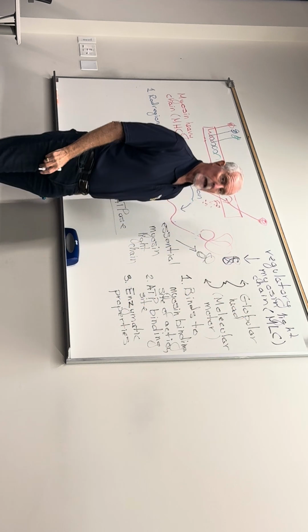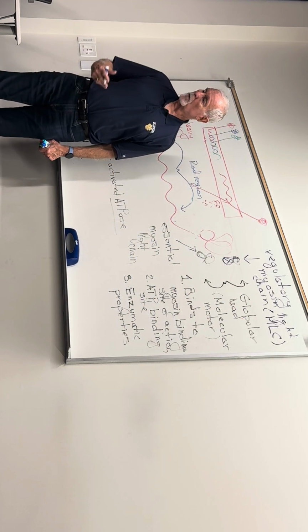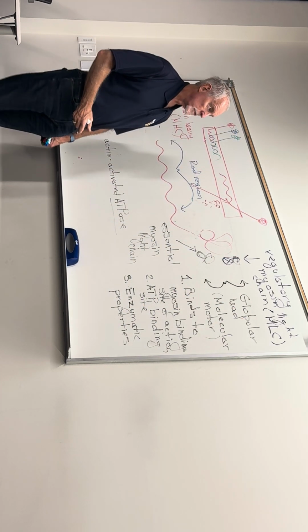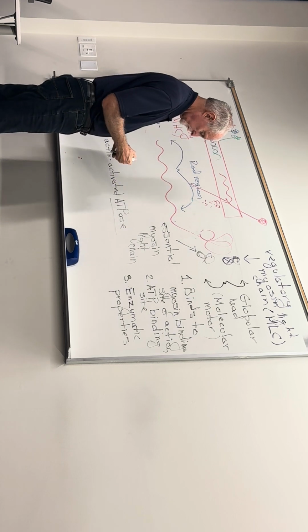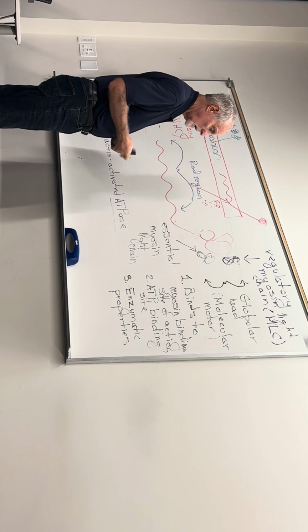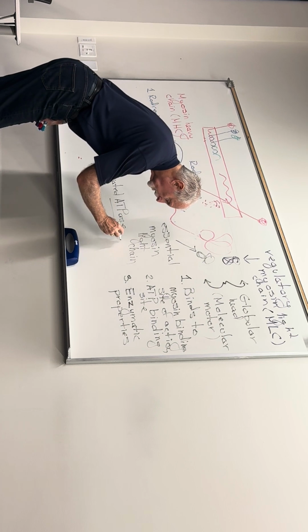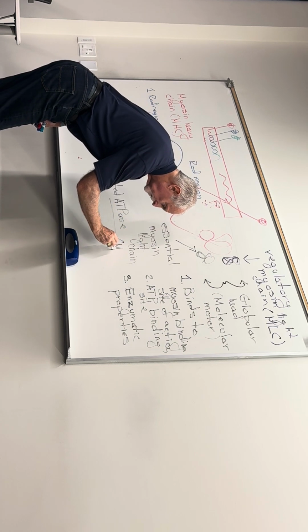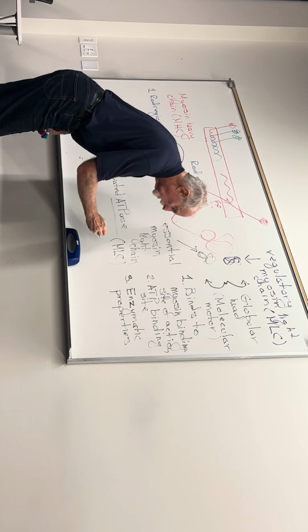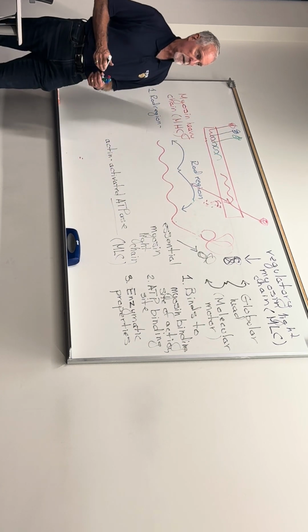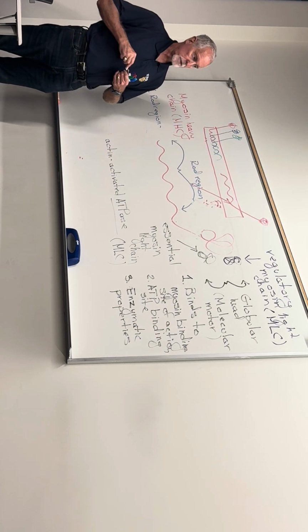So you talk about a regulatory MLC, or a regulatory myosin light chain. Here, for the essential myosin light chain, again, we're just going to use those initials, MLC, and you sit there and say, yeah, I'm talking about the essential myosin light chains.